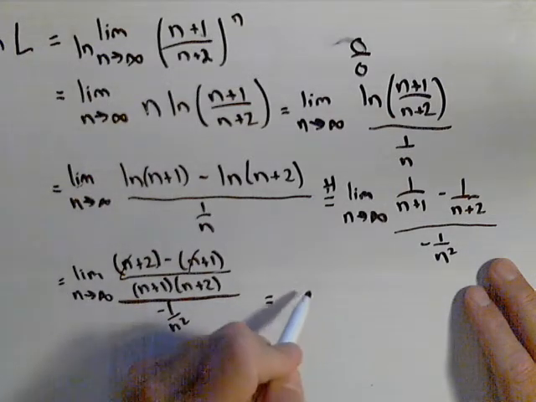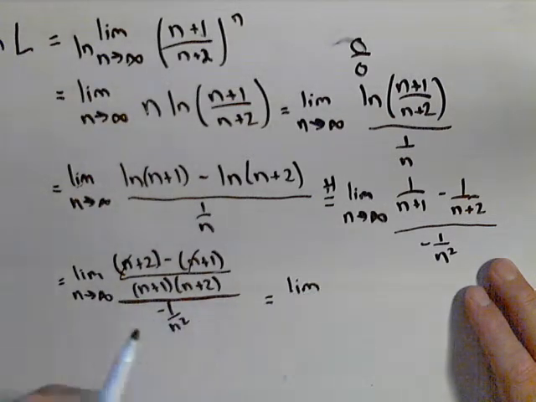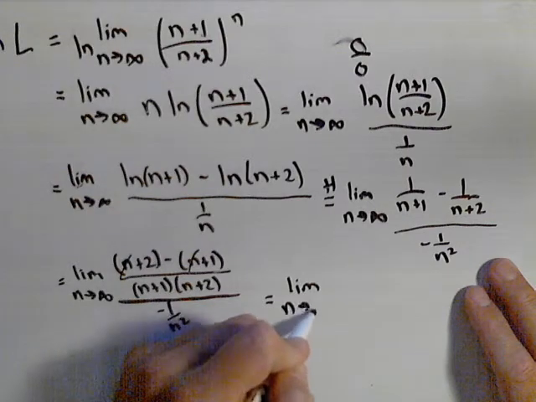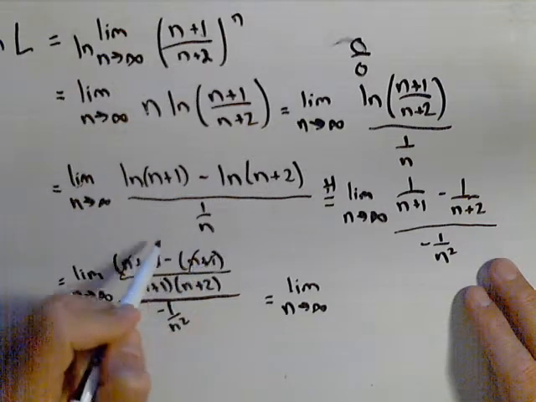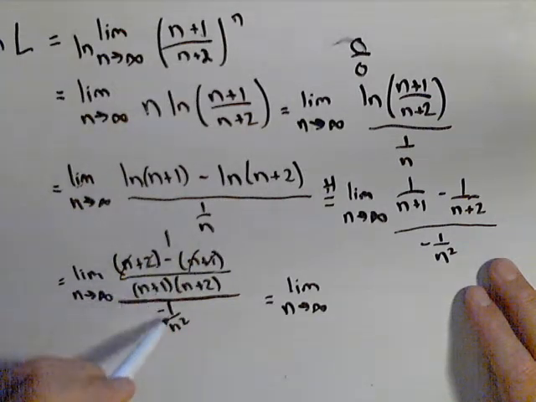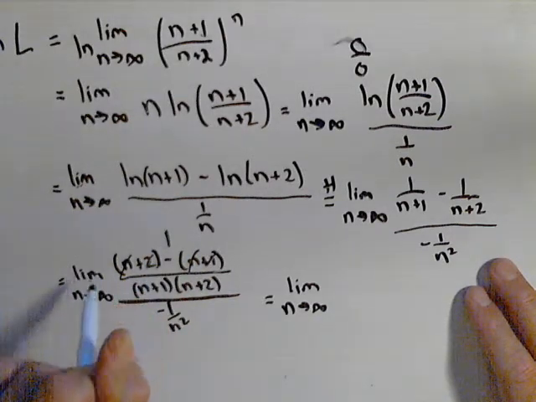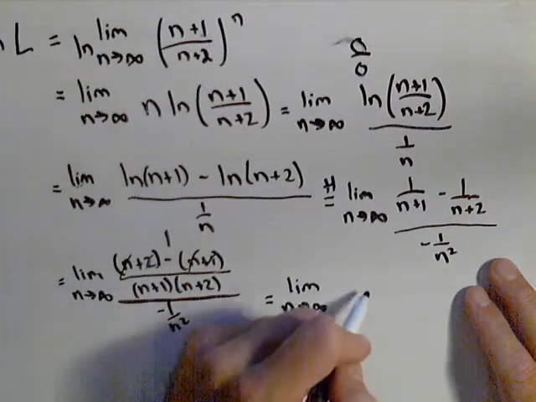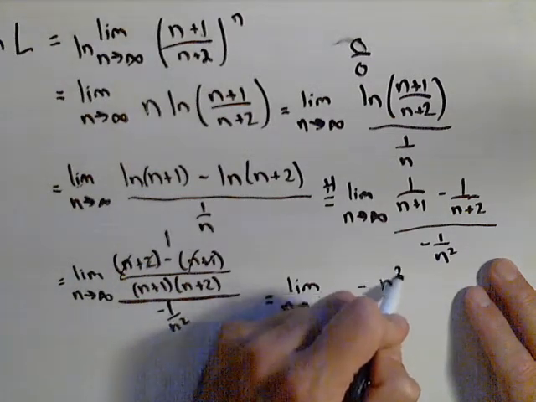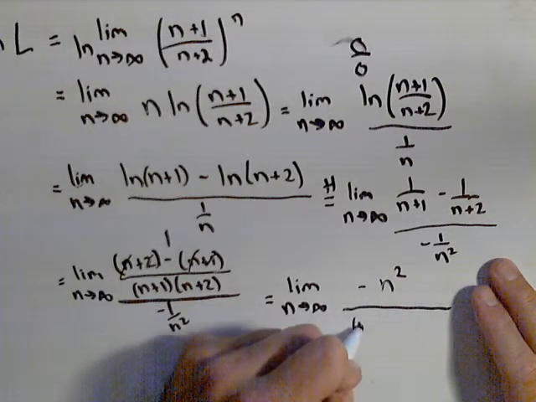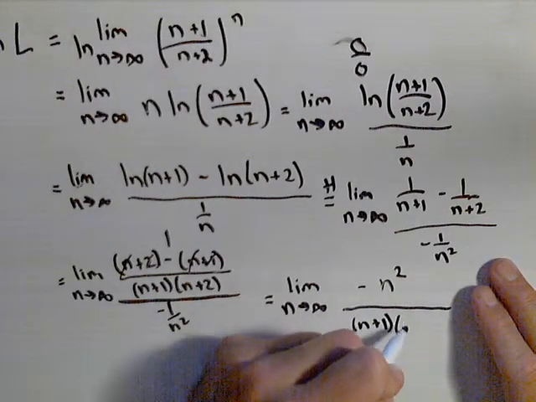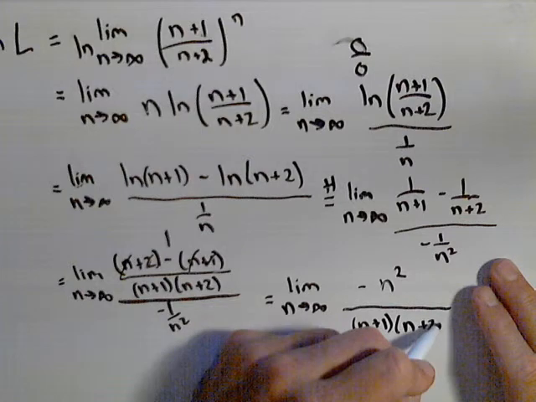Combining some steps, because I know this video is getting a little long, this simplifies to a positive 1 times n squared, so I get a negative n squared over n plus 1 times n plus 2.